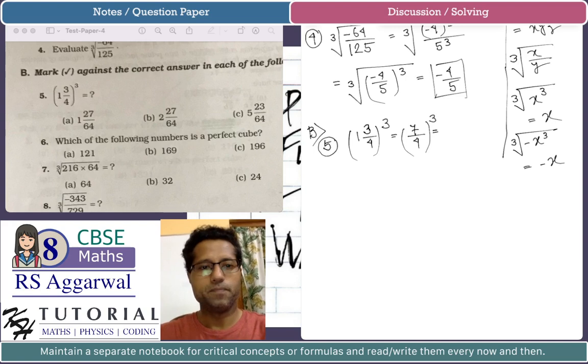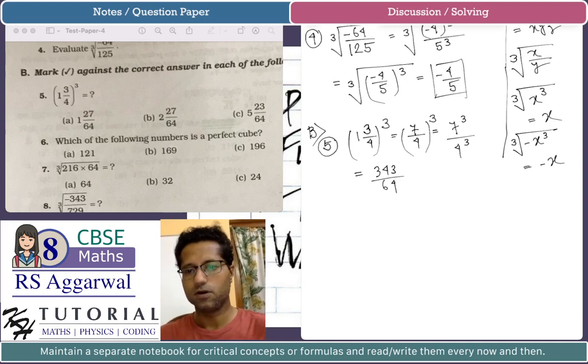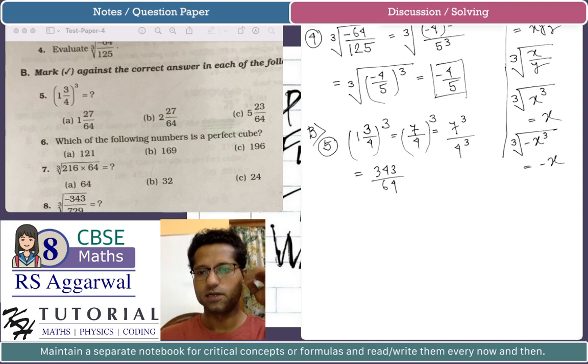This is equal to 7 cube by 4 cube. This is equal to 343 by 64, since 7 cube is 343 and 4 cube is 64. Now this is an improper fraction because the numerator 343 is greater than the denominator 64. So we have to convert it back to a mixed fraction.